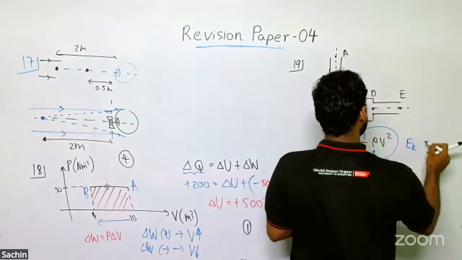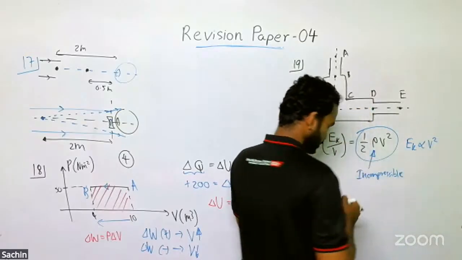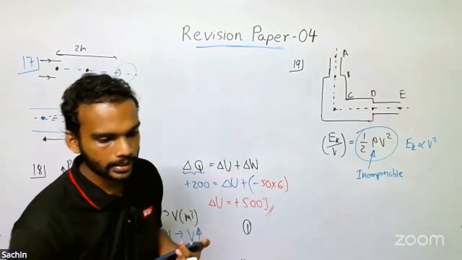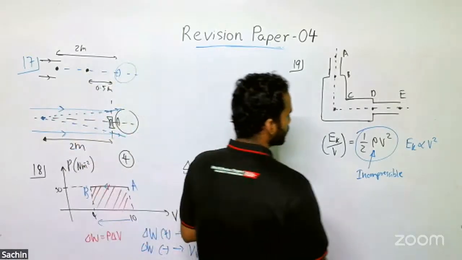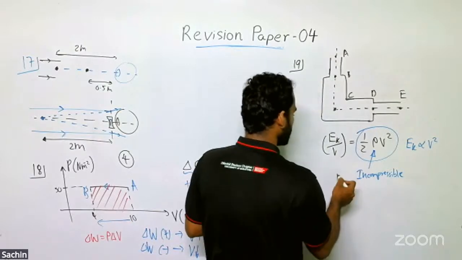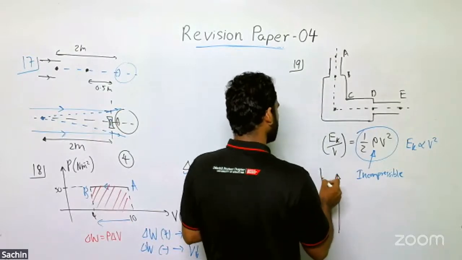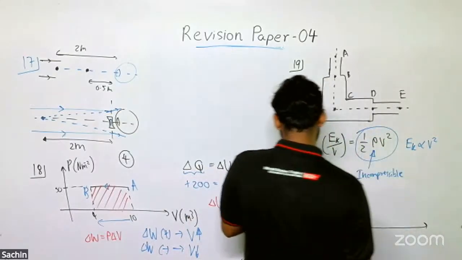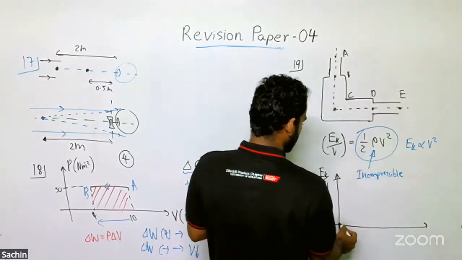So if we obtain the variation of velocity, then we will be able to draw the appropriate graph of variation of the kinetic energy per unit volume with the distance. So A, B, C, D points are marked here.